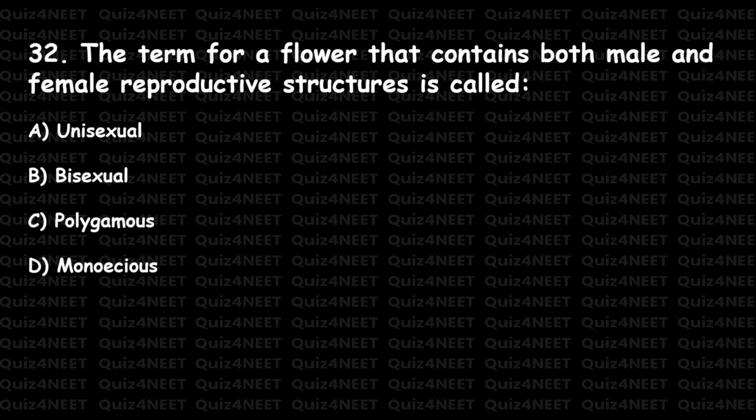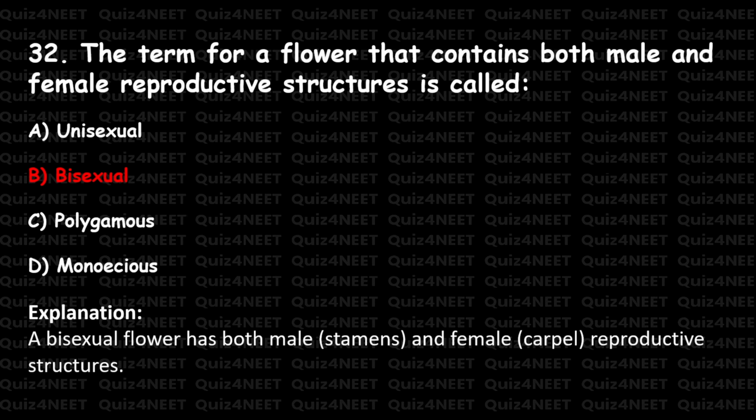32. The term for a flower that contains both male and female reproductive structures is called A. Unisexual, B. Bisexual, C. Polygamous, D. Monoecious. Right answer, bisexual. Explanation: a bisexual flower has both male stamens and female carpel reproductive structures.